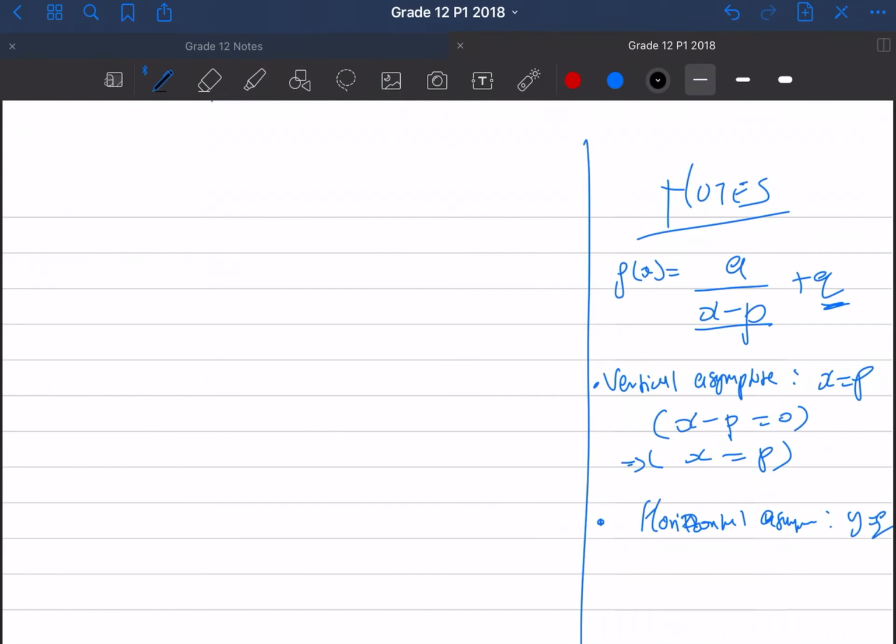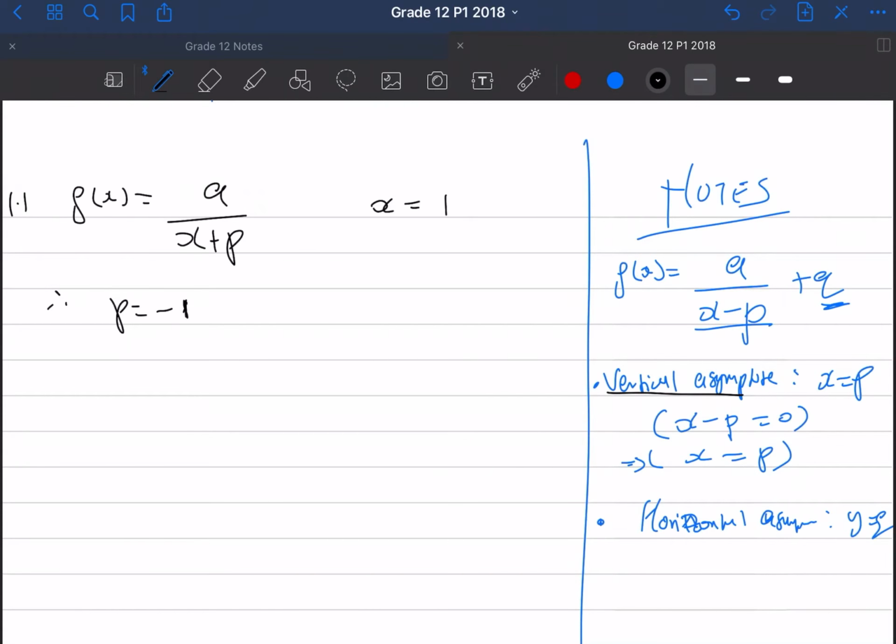So in this instance, you're given g of x equal to a over x plus p, and we're told that your vertical asymptote is x equal to 1. So meaning that your p should be minus 1. Therefore, p could be minus 1.